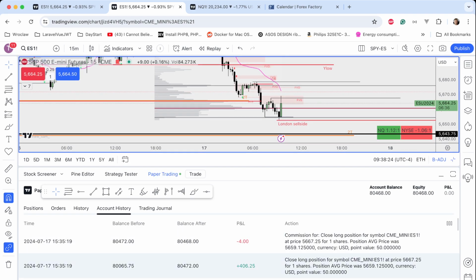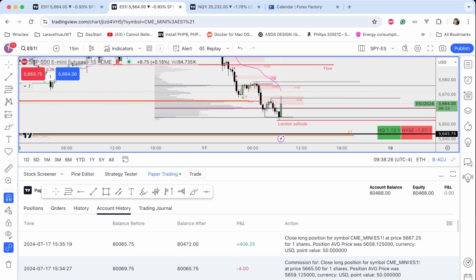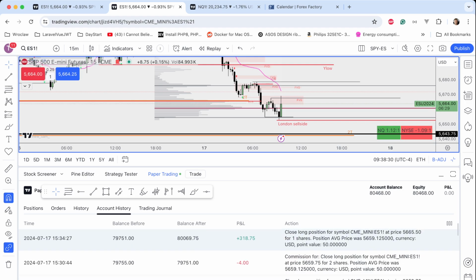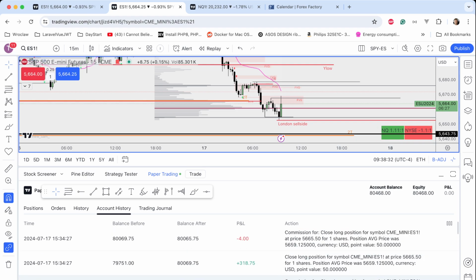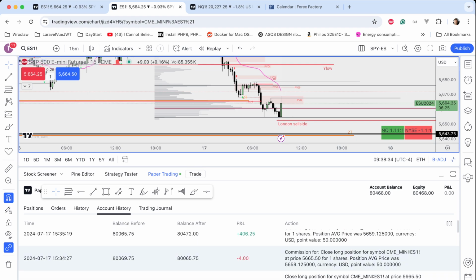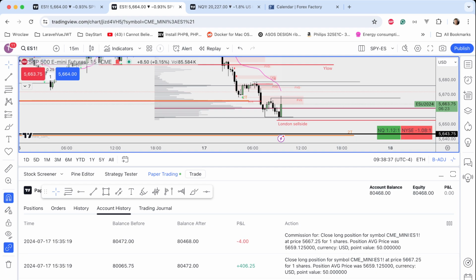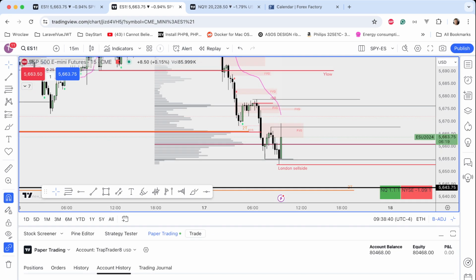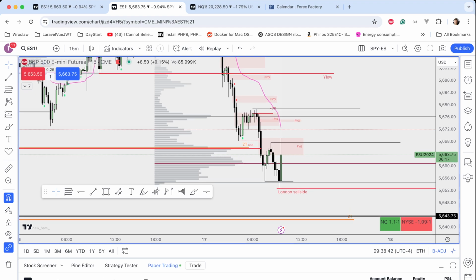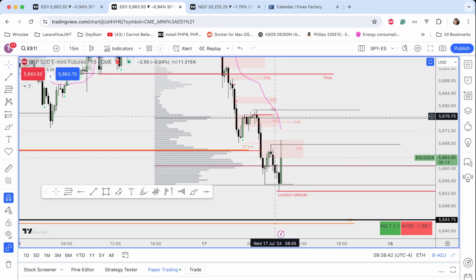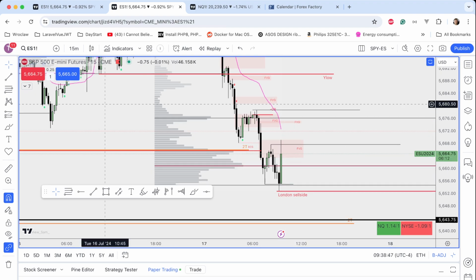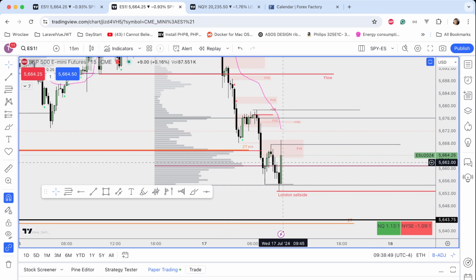Okay, 400 and 318. And yeah, this is where I closed these two contracts. So yeah, $700 just like that at the open. And we have not even got to my target. And I want to buy this somewhere here.